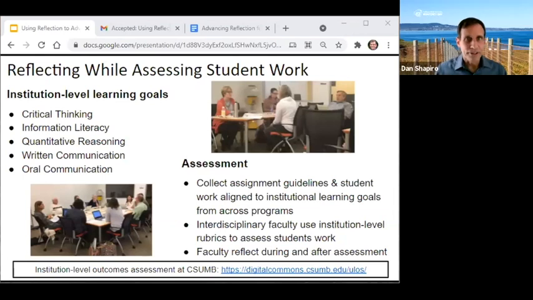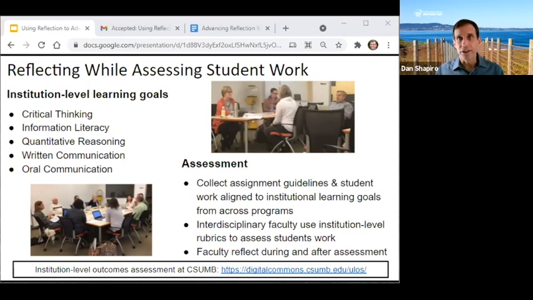All right, thank you, Swarup. So what I'm going to do next is share an example of how at California State University, Monterey Bay, we've weaved reflection into the assessment of student work as part of our annual assessment of institution level learning goals.